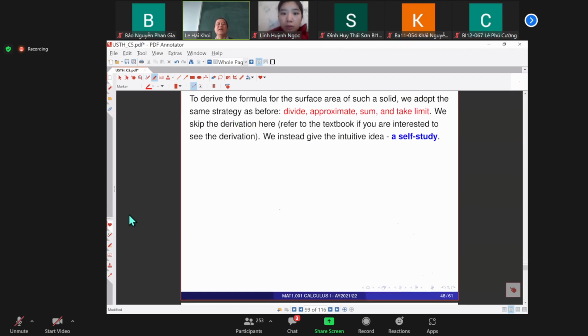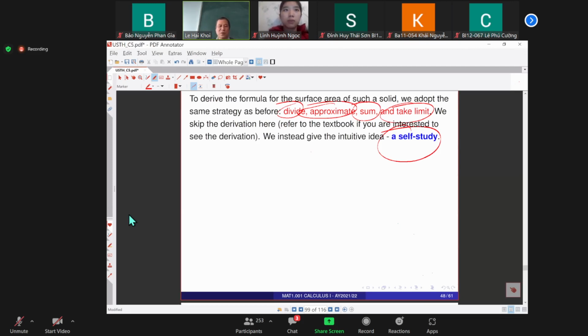So the same idea for surface area, you can use the idea of finding area, volume, etc. The same strategy. Divide into equal parts of the interval. Each part you approximate, then you take the sum of all parts, and then you find the limit. Again, do it by yourself; in the appendix I can give it.